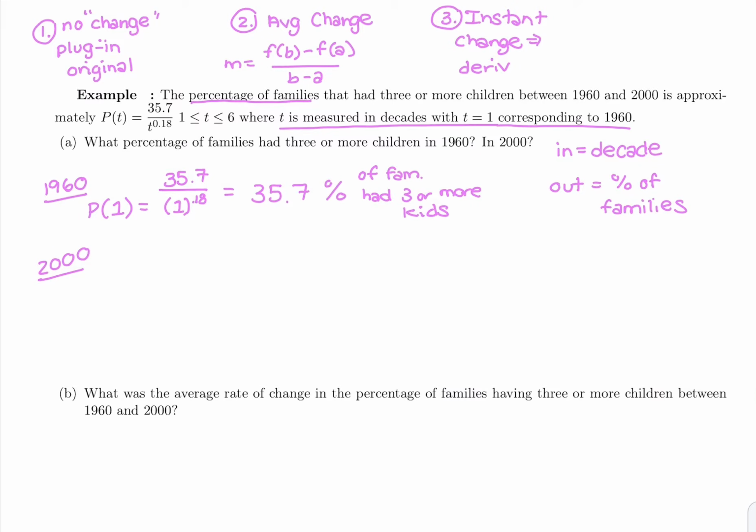If we compare that to what was happening in 2000, we need to figure out what T value we plug in for 2000. They tell us T equals 1 is 1960. So what T value is 2000? So be careful on this. It's decades, not years. So we're going to count by tens. I'm going to put 1 finger up right now. I have 1 finger up because T equals 1 is 1960.